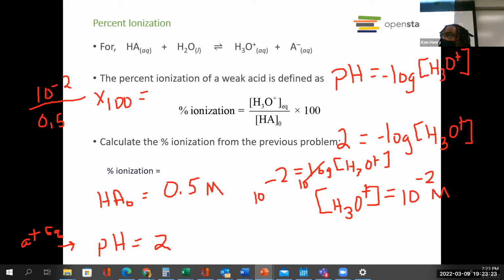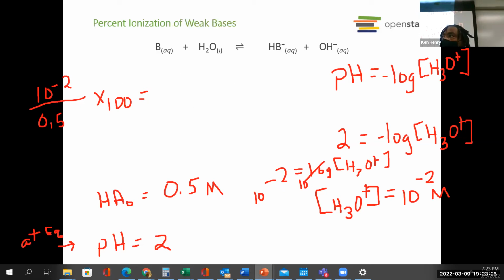Okay, let's keep going. So we can also use the percent ionization of a weak base. It works exactly the same way.